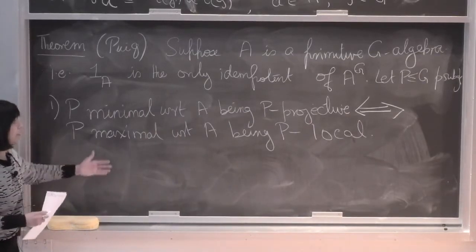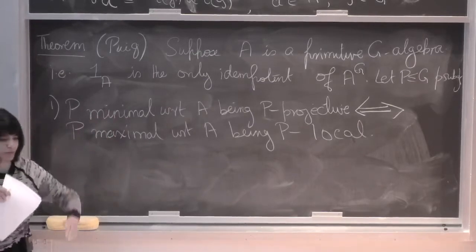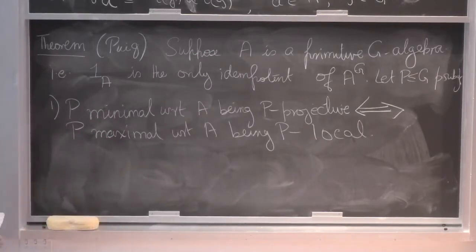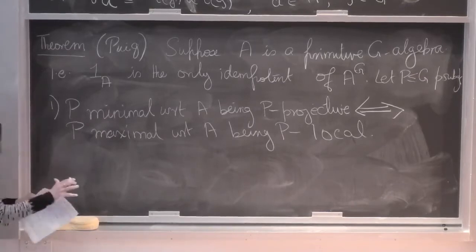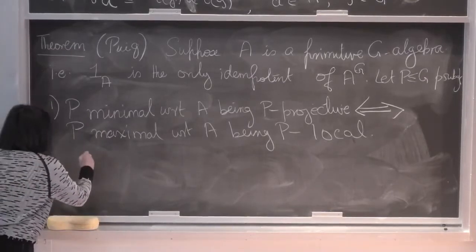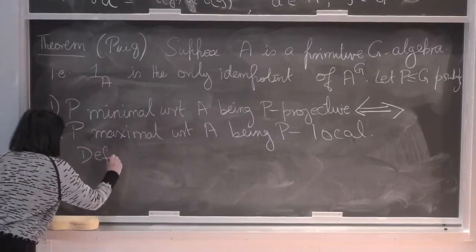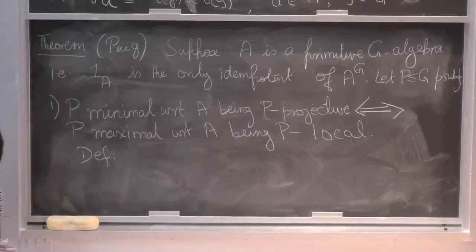Like I was saying, you work somehow from the top and from the bottom, and then where the two meet is where you want to land. I know it's not good practice, but I'm going to use the theorem itself to give the definition.